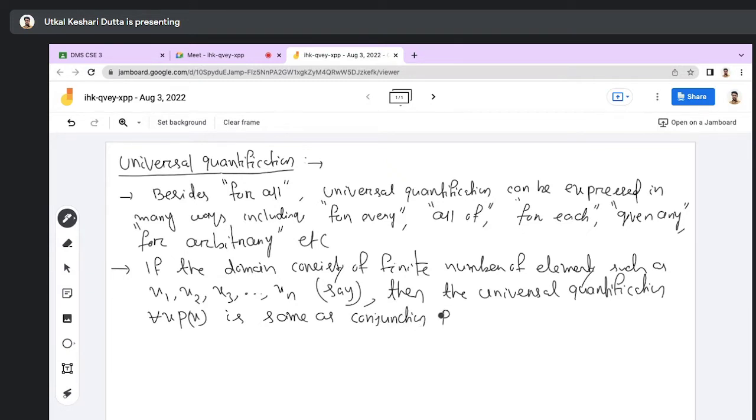That is P(x1) and P(x2) and P(x3), like this, up to P(xn). That means the universal quantification is equivalent to the conjunction of P(x1), P(x2) up to P(xn), when the domain contains a finite number of elements, that is x1 to xn. That is one of the properties.